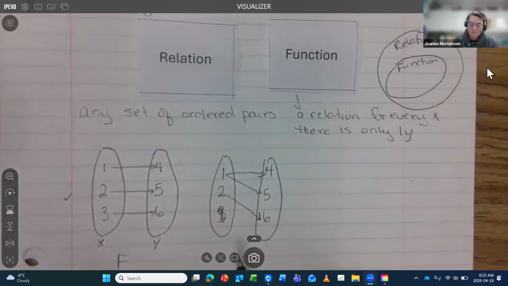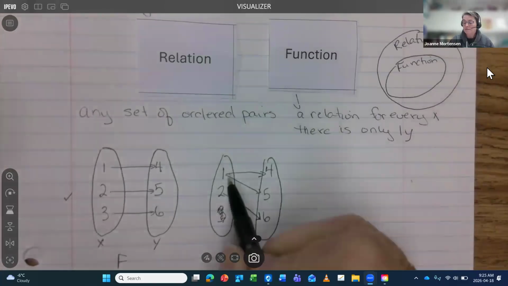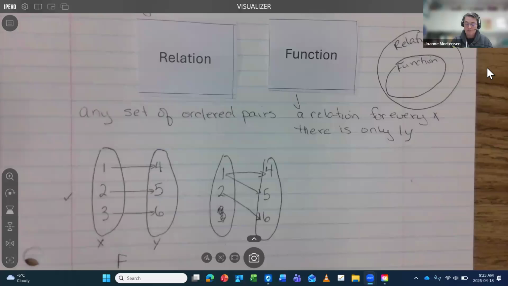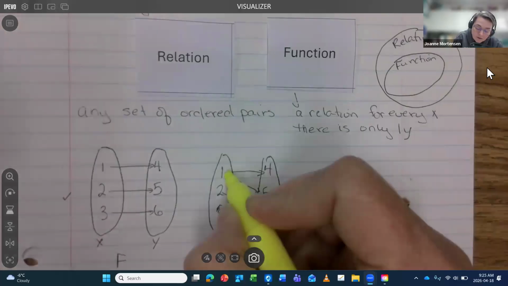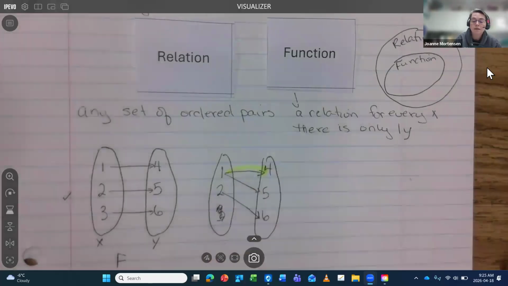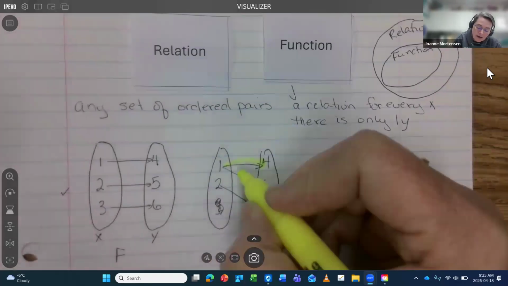Now, is it a function? Is it a relation? Yes, it has to be a relation because it's a mapping diagram, any set of ordered pairs. But see how this X, the one at the top, goes with 4, but it's also matching with 5.